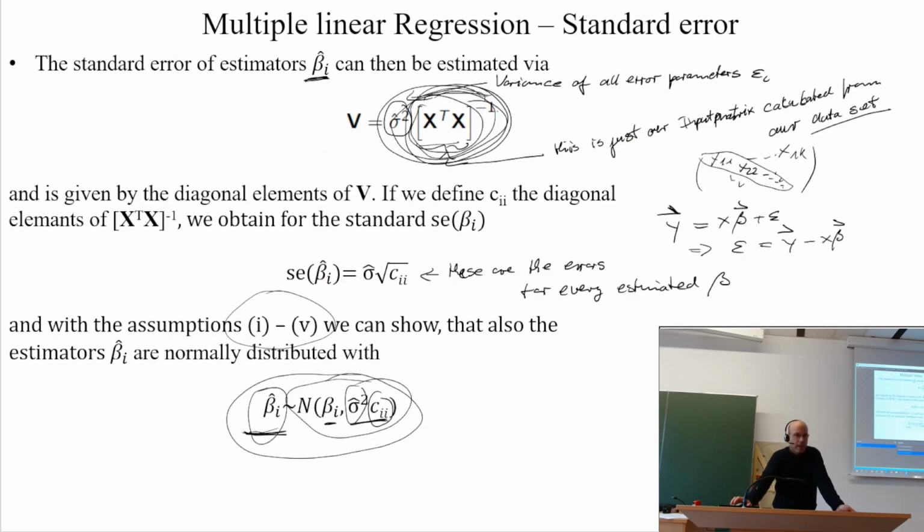Because what do I need? I have now estimated my beta parameters, and it is only an estimation. Since it is an estimation, I can roughly imagine this means, take beta 1, this was 0.98.